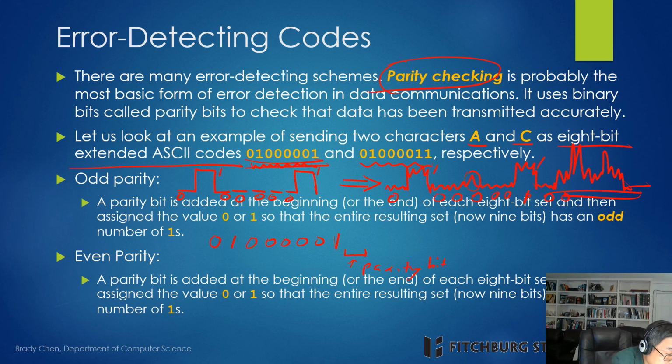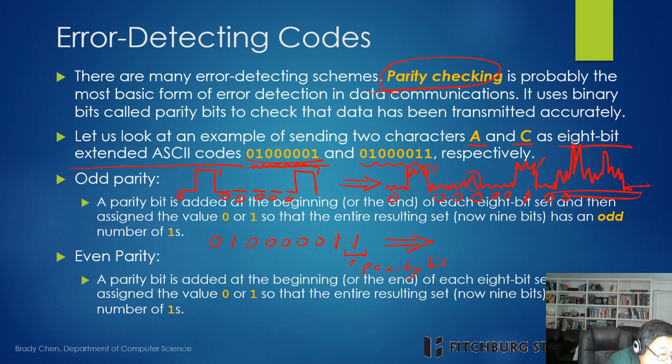So for example, in this case, the original signal is 0, 1, 0, 0, 0, 0, 0, 1. So you have 2 ones. Since you're going to use the odd parity checking, you're going to add a 1 to make the total number of ones an odd number. So then you transmit this signal, which contains 9 bits, to the destination.